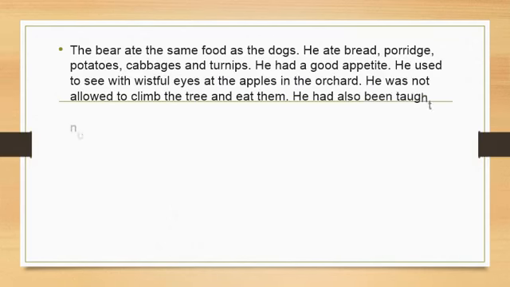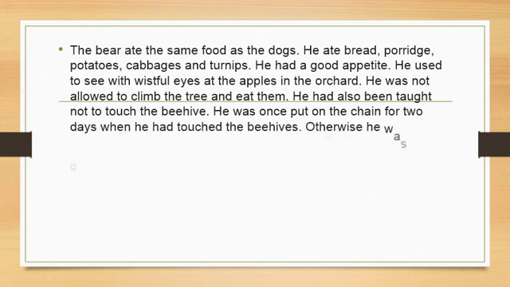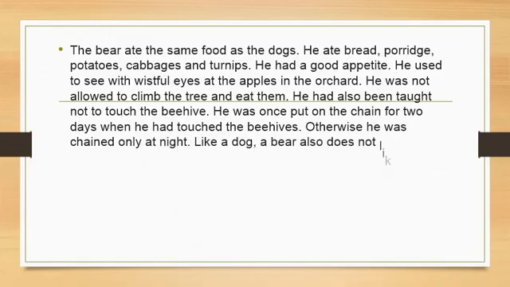He had also been taught not to touch the beehive. He was once put on the chain for 2 days when he had touched the beehives. Otherwise, he was chained only at night, like a dog. A bear also does not like to be chained. Okay.